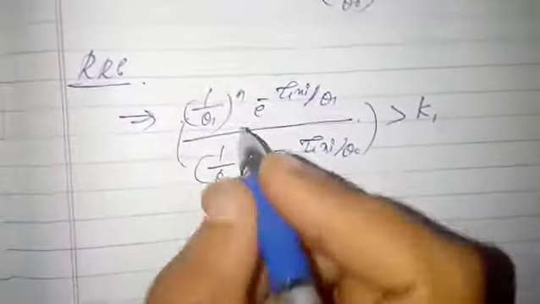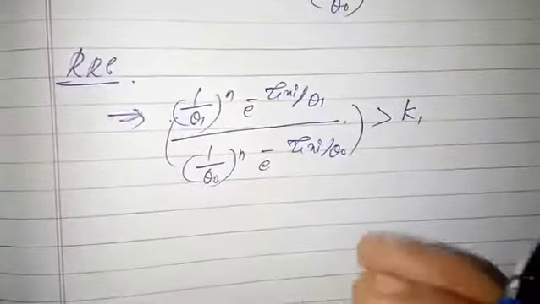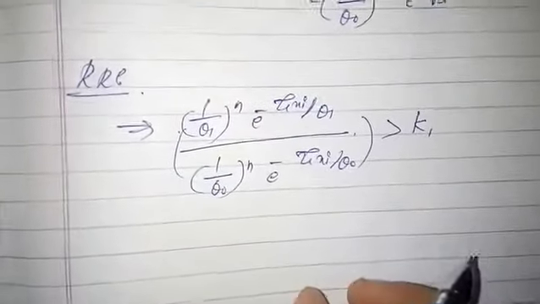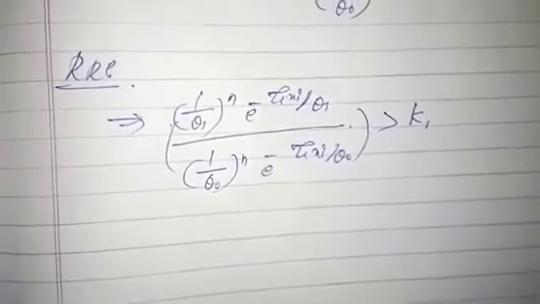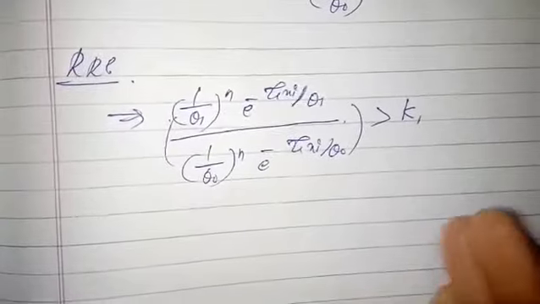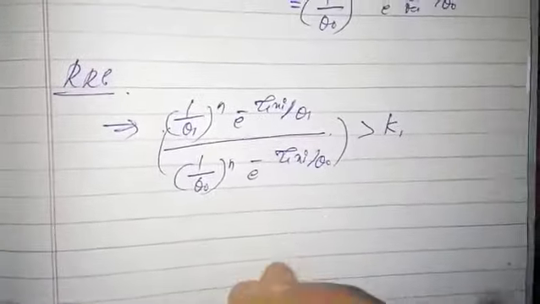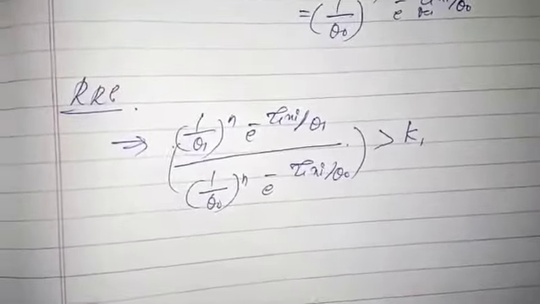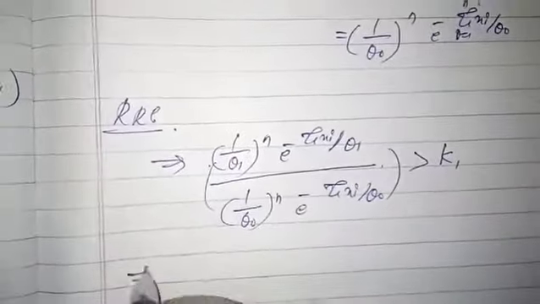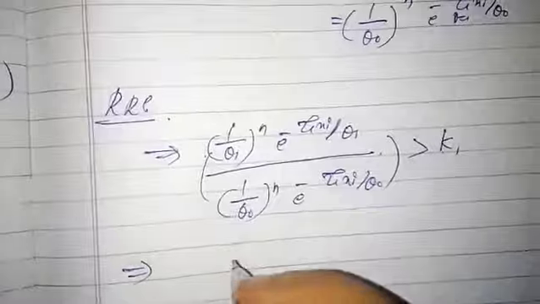Then we will simplify this term. We want to get a function of a random variable which is greater than some k value, so we have to simplify this term to get the rejection region.